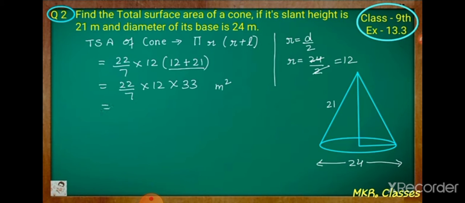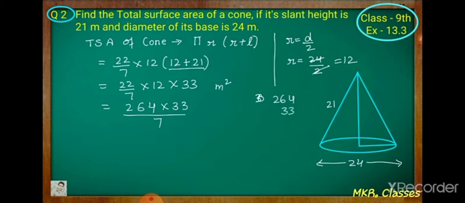Let's first multiply all the numbers. 22 into 12 gives 264, which is multiplied by 33.